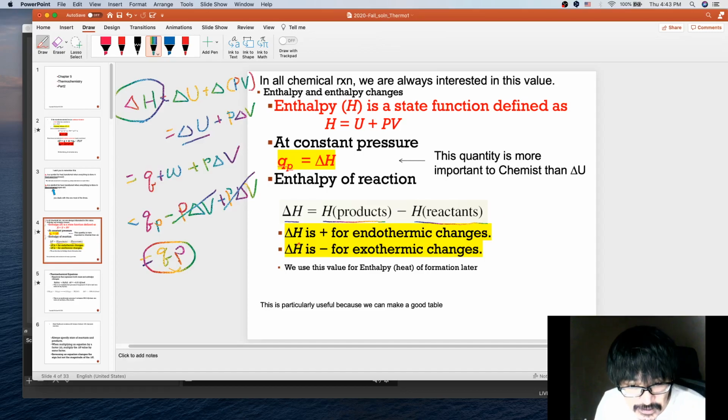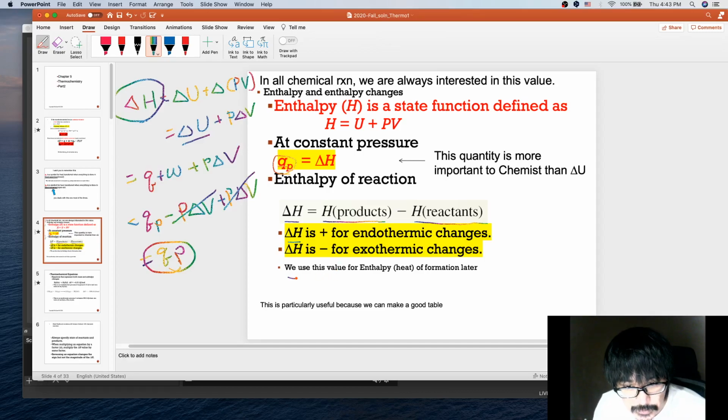And remember that delta H is a heat too, right? So if the delta H value is positive, we can say that's an endothermic process. And if the delta H is negative, that's an exothermic process. The heat is going out of the system.